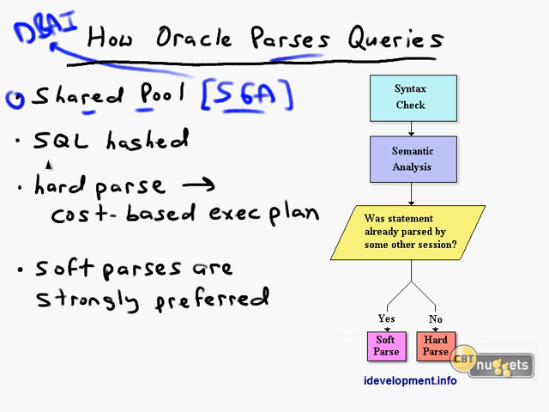You also should understand that Oracle Query Optimizer will hash the SQL and store it in that shared pool for faster reuse. Now, what does this mean? Well, a hashing algorithm takes a variable length input and then through the magic of mathematics converts it into a fixed length output. The idea with hashing algorithms is that they're not reversible.